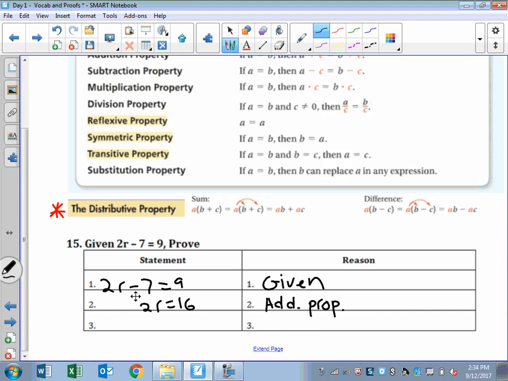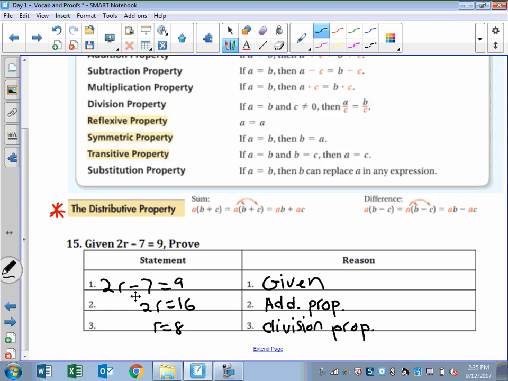And then from here, we would divide both sides by 2. So 16 divided by 2 is going to be 8. So r equals 8 is actually going to be our last thing that we proved by using the division property, since we divided both sides by 2.